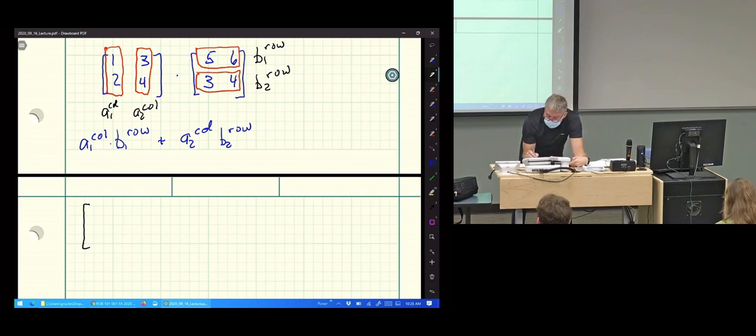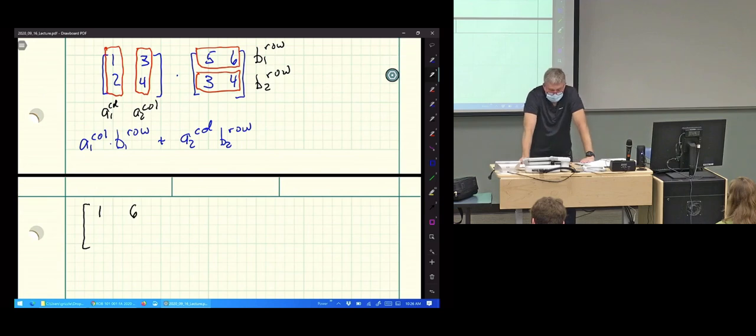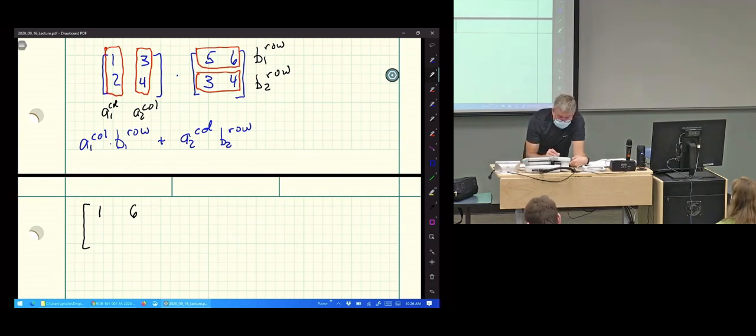Well, I take 1 times 5, and then 1 times 6. I take the first row of A1 column and multiply it times the first column of B1 row. And then when I do this one, I take 2 times B1 row. I take 2 times 5, I get 10, and I take 2 times 6, and I get 12.